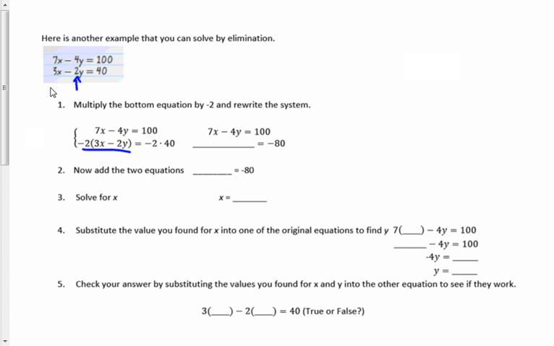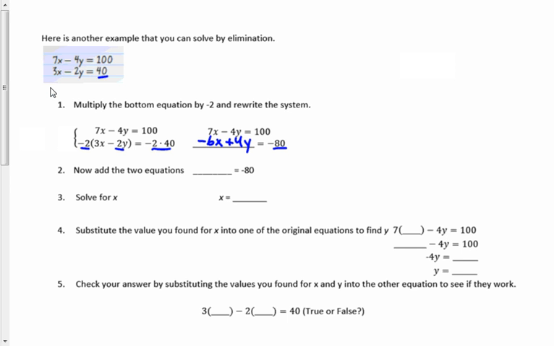Notice we multiplied both sides of this equation by negative 2. And when we do that, we are going to get negative 6x. And negative 2 times negative 2y is plus 4y. And negative 2 times 40 is negative 80.